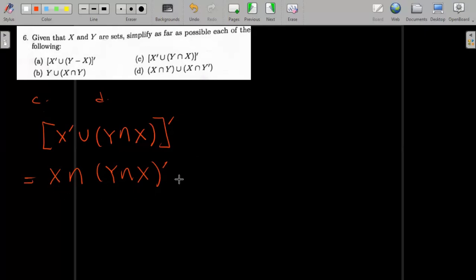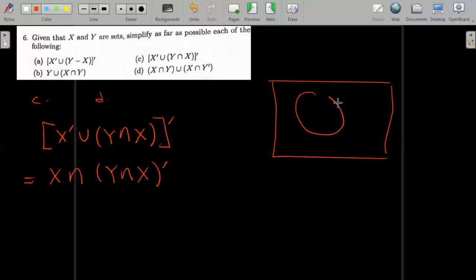After getting this, what then can I do? You can even see this in your Venn diagram. You have your two sets sitting, that's your X, that's your Y. X and Y intersect at this point in between.